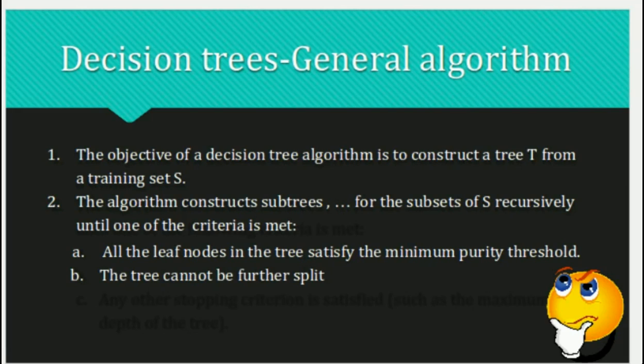The preset minimum purity threshold is not sufficient to split the tree further. If this is not the case, then check whether the minimum purity threshold is fulfilled by all the present leaf nodes. Third criterion: any other stopping criterion is satisfied, such as the maximum depth of the tree.